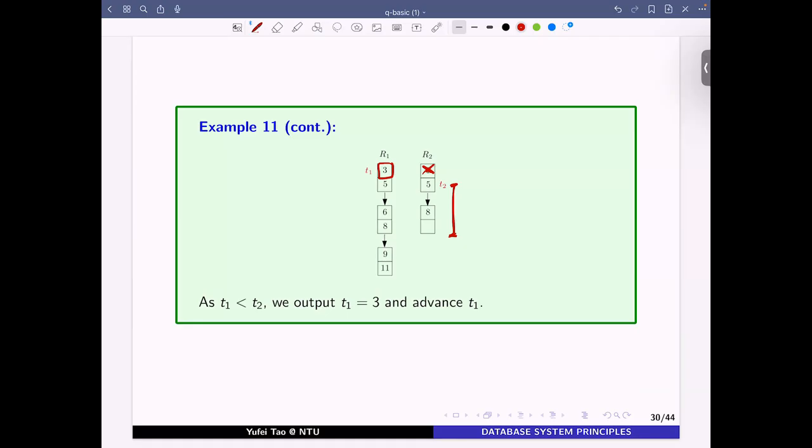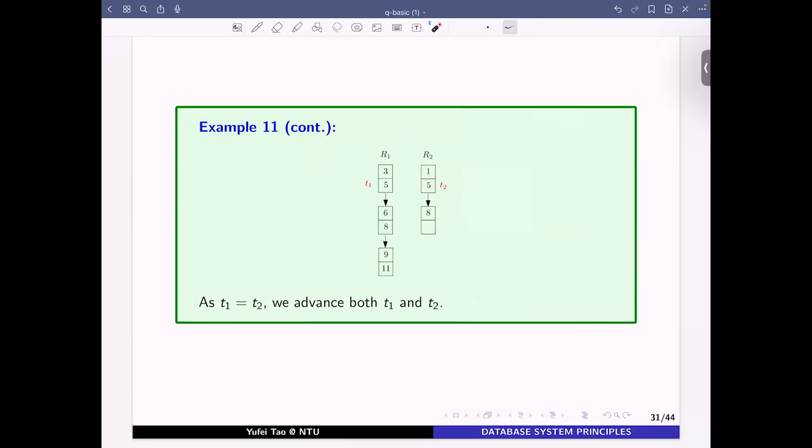So we know even the smallest one, 5 here, is already greater than 3. There are no other elements in the unscanned part that can be 3. In other words, 3 for sure is absent from R2. So for that reason, this is an element we want to output, and then we're done with this element. We can advance T1 to the next element of R1. So this is the situation.